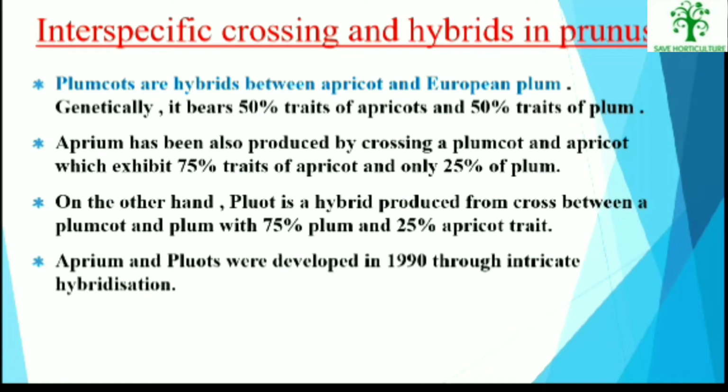On the other hand, pluot is a hybrid produced from a cross between a plumcot and a plum, with 75% trait of plum and 25% trait of apricot. Aprium and pluot were developed in 1990 through intricate hybridization.